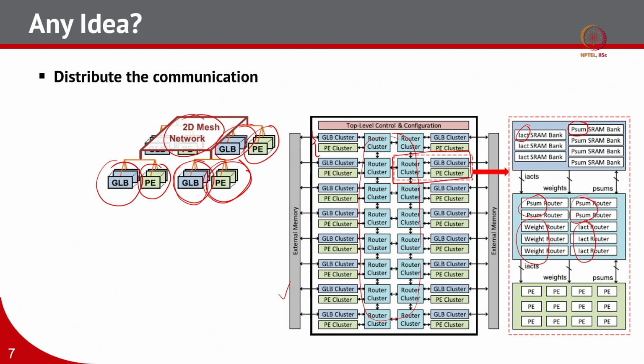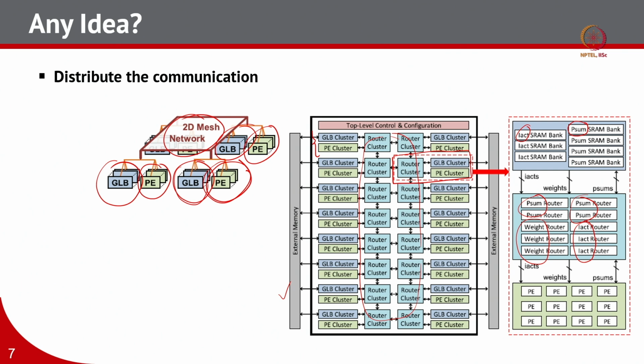So, as you can see, for different types of data, when I say different types of data, I mean the input activation, partial sum, weights, etc., there are dedicated SRAM banks, dedicated storage as well as dedicated routers, right. And if we have dedicated storage and dedicated routers, then definitely there will be less conflict, less congestion, the latency will be lower, and the end-to-end performance will be higher.